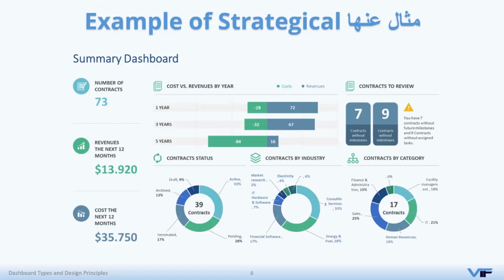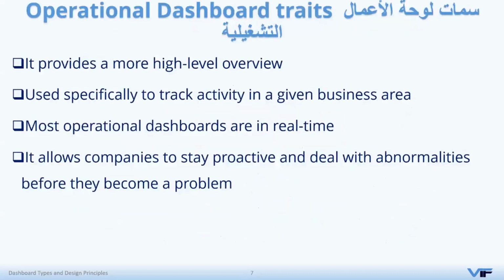Next, we'll talk about operational dashboards. From its name, it's for operations. It's also a high-level overview, but it has real-time monitoring of what's going on. So you can see what is happening in real time, and if there is something wrong, you can take action proactively or apply a remedy to solve the issue.